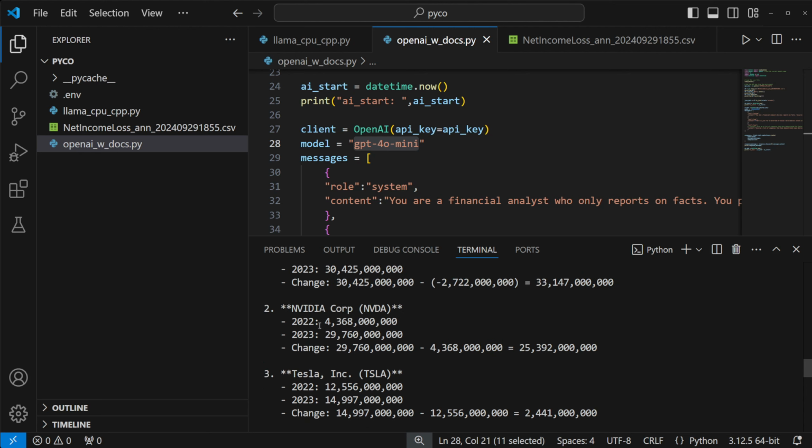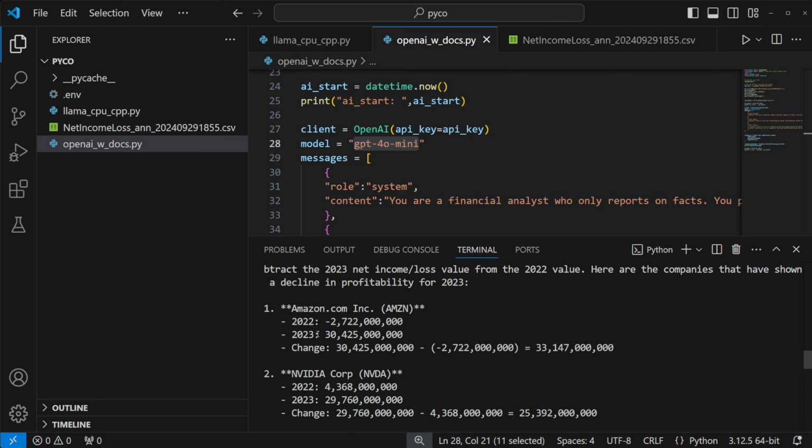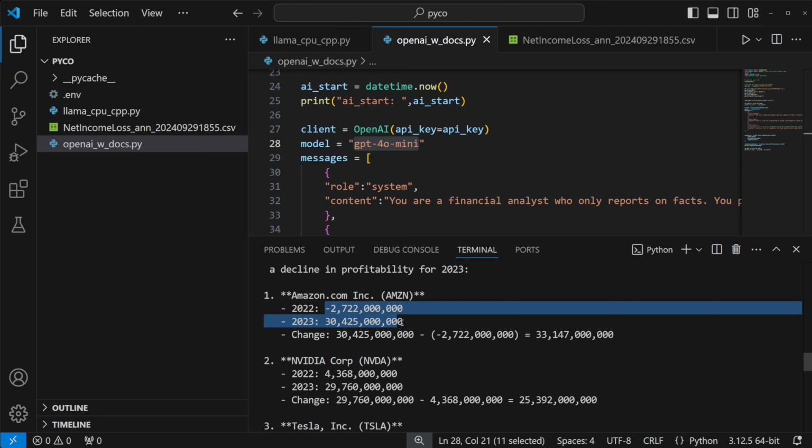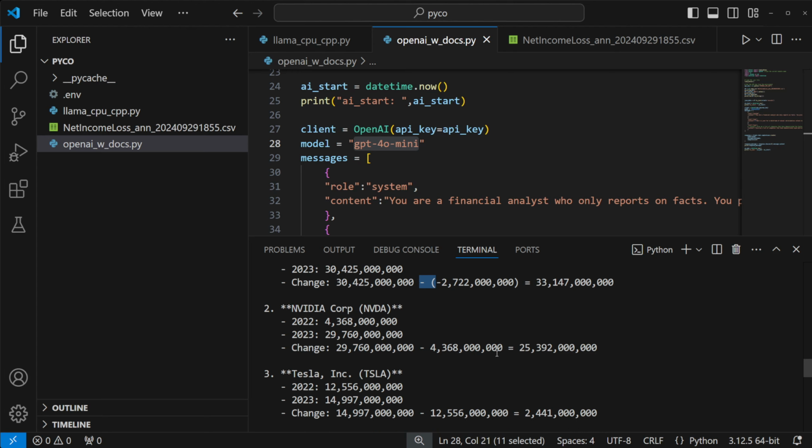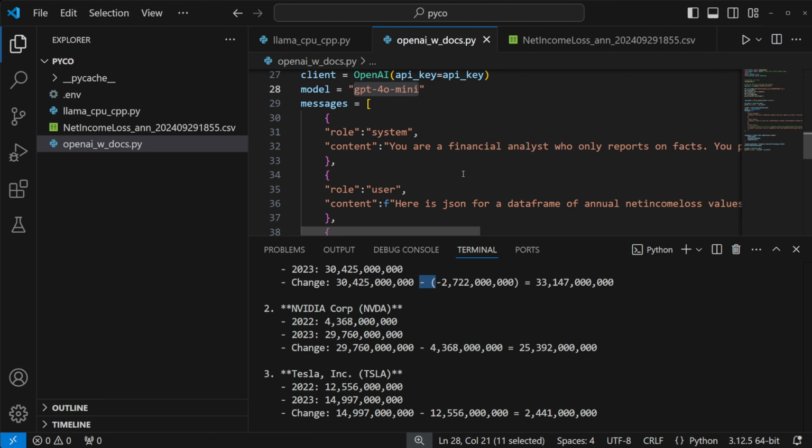Again, it doesn't seem able to recognize declines. Now this I understand because it's doing like a double negative, right? But this is not, it's not computing properly.